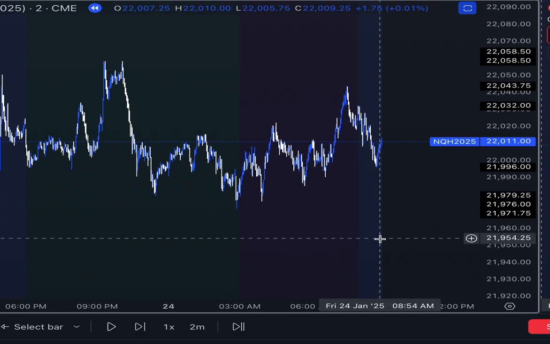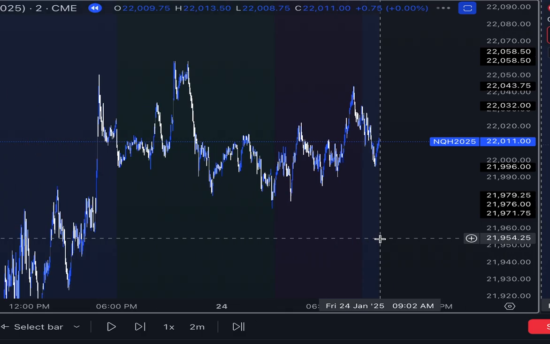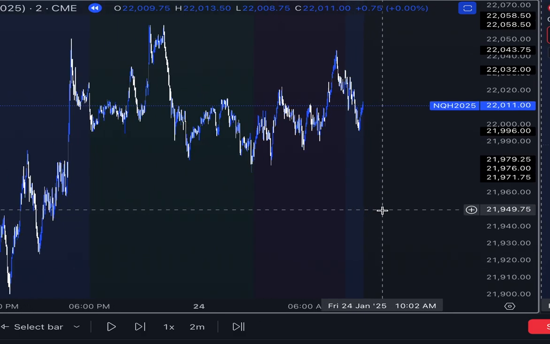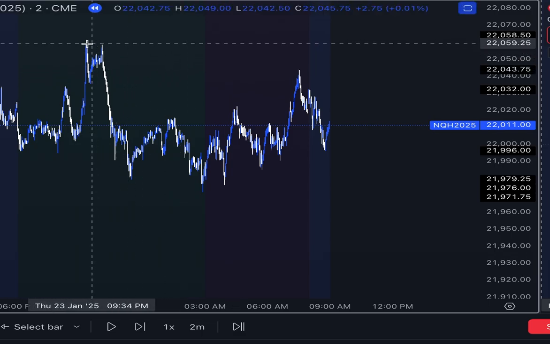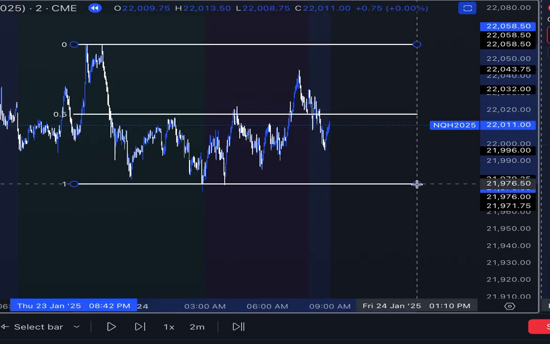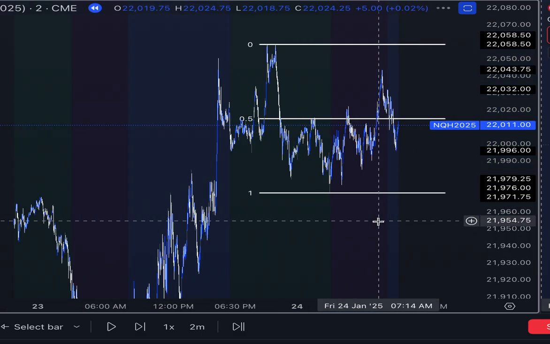So say I wake up, I'm looking at the charts. How would I use equilibrium to help decide where we're moving? Well, let's find the range here. So we'll go to the top, to the bottom. Right?